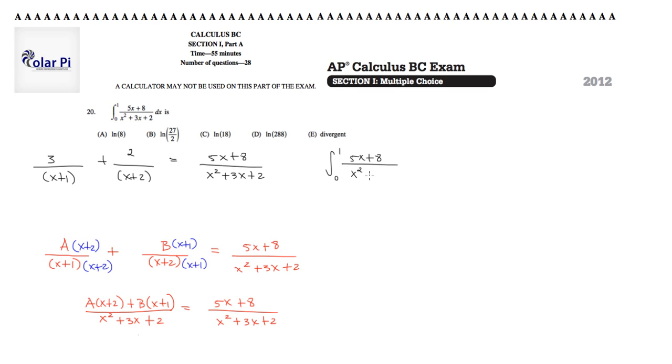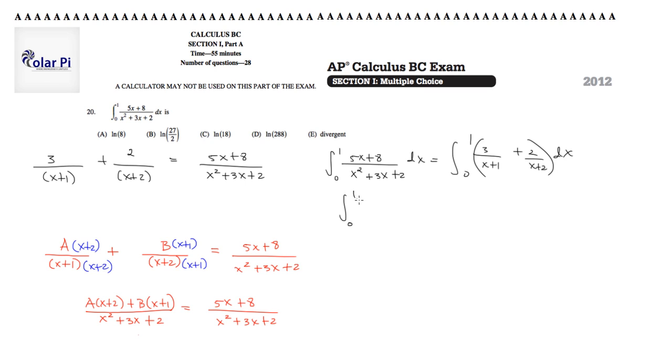So x squared plus 3x plus 2 dx is equal to the integral from 0 to 1, since this now equals what we just found, 3 over x plus 1 plus 2 over x plus 2 dx. And we could separate them as two integrals.